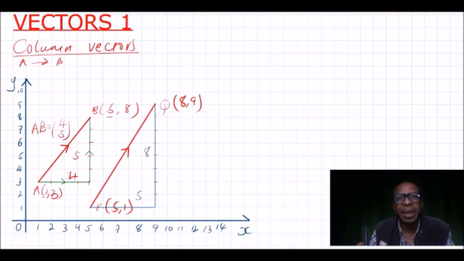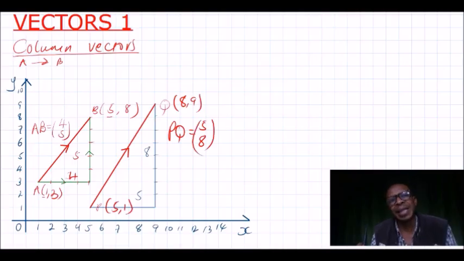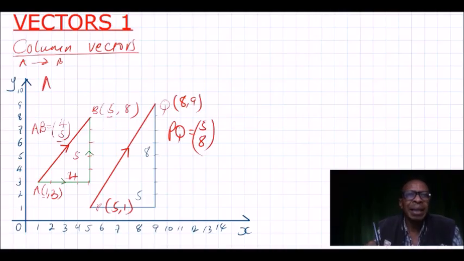So vector PQ is equal to 5 units along the x-axis and 8 units along the y-axis. If you observe, to get 4 and 5, we say AB is equal to 5 minus 1 and 8 minus 3, which gives 4, 5.